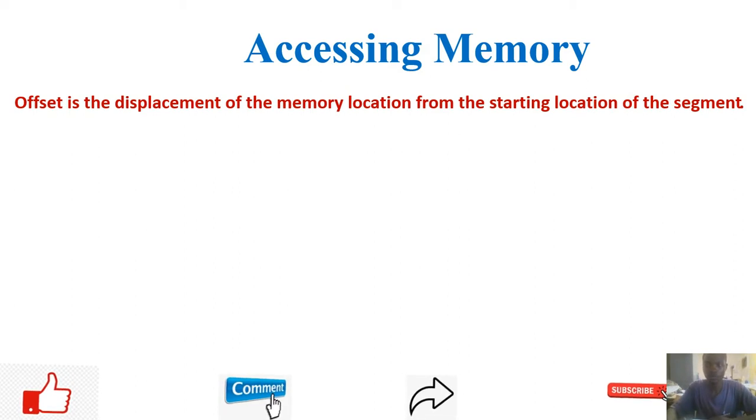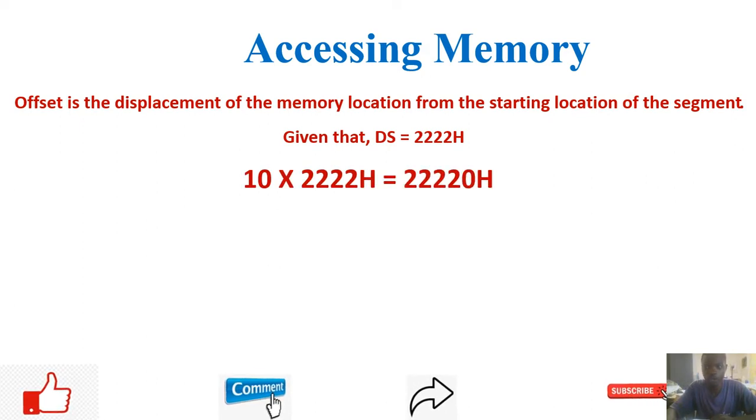So let's now say, given that the value of the data segment register is quad 2 hexadecimal value. To convert this 16-bit address into 20 bits, the BIU, the bus interface unit, appends a 0 to the least significant bit of the address.